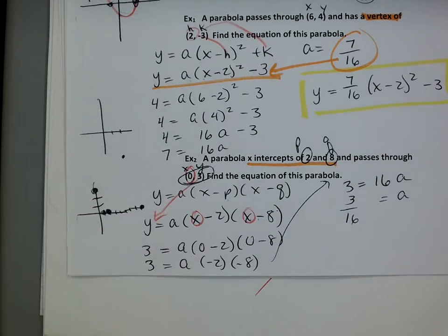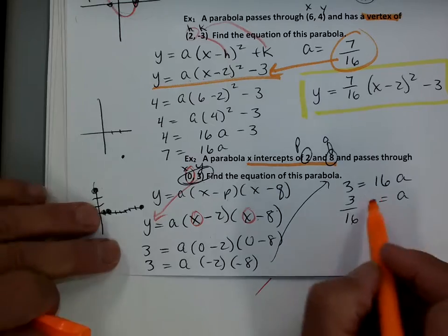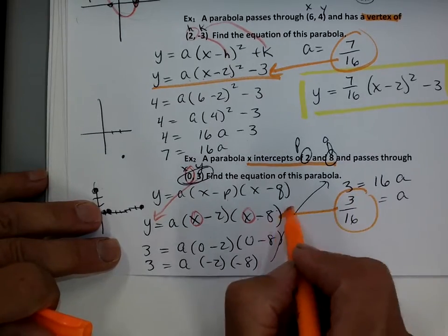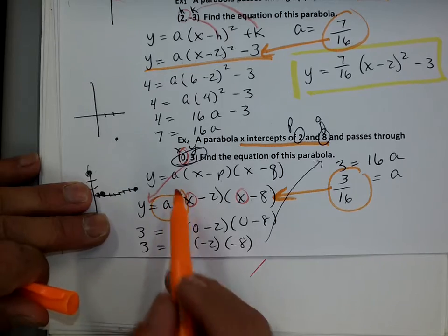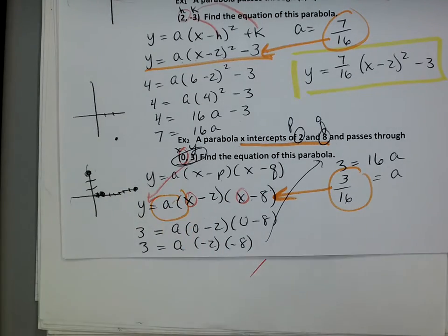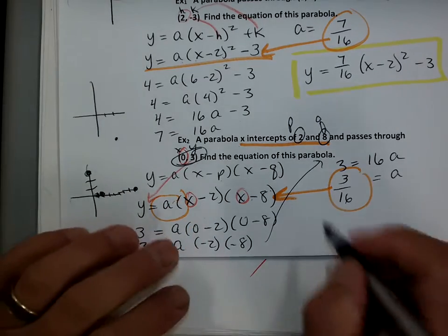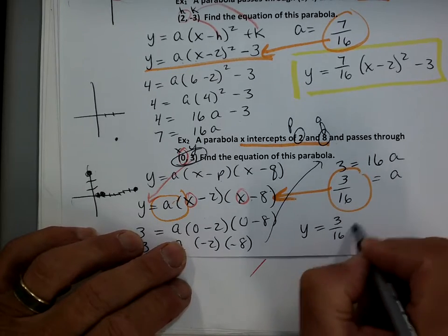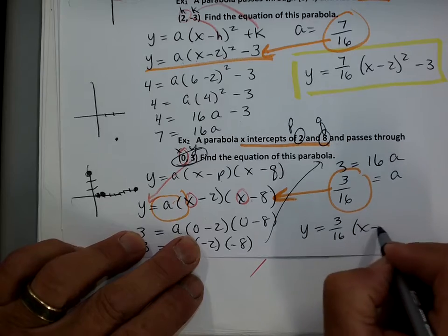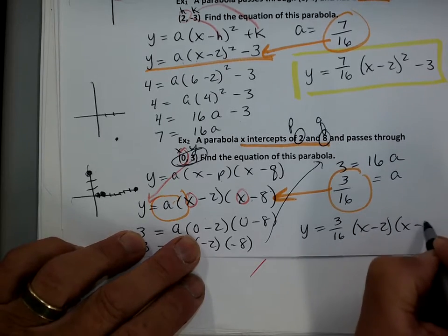Okay, now I just have to finish this equation. I'm going to put my 3/16 right there. And so my answer in intercept form would be y equals 3/16 times (x minus 2) times (x minus 8).